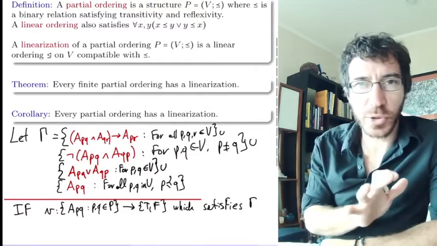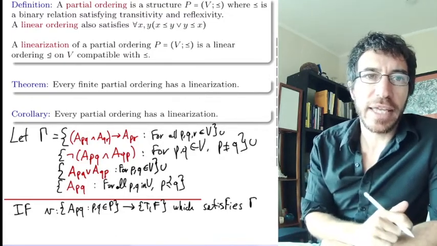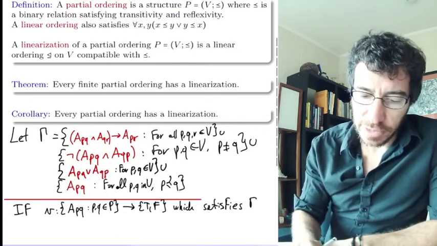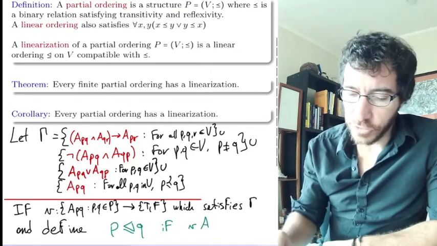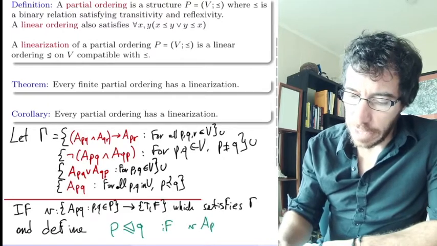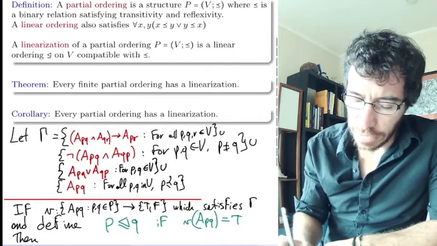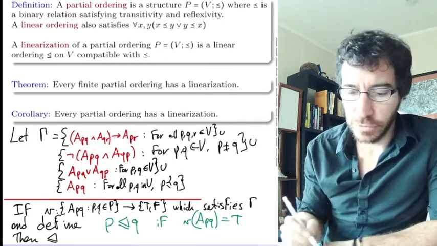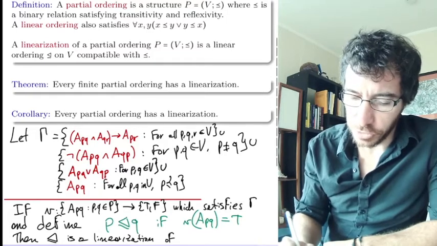We have a way of assigning true and false to each variable APQ in a way that it satisfies all these sentences, and define that P is triangle-less Q if and only if the variable APQ is assigned true, then this triangle-less relation we just defined is a linearization of triangle-less.